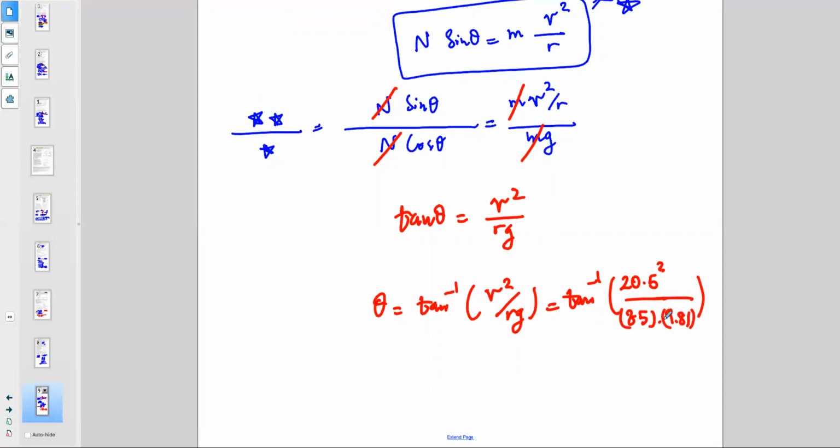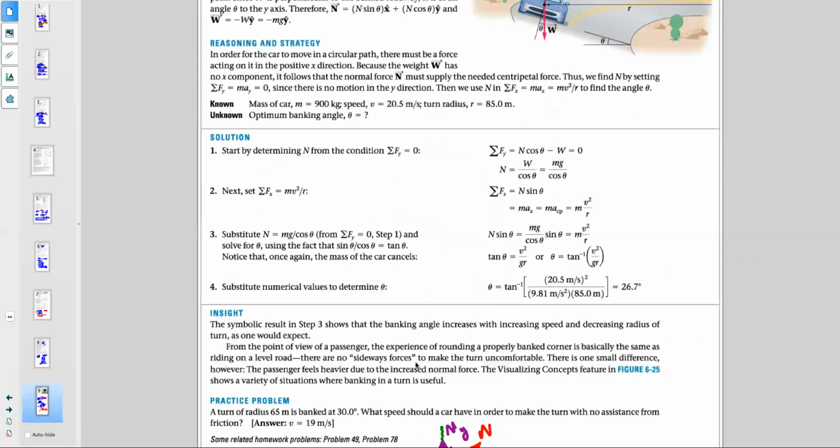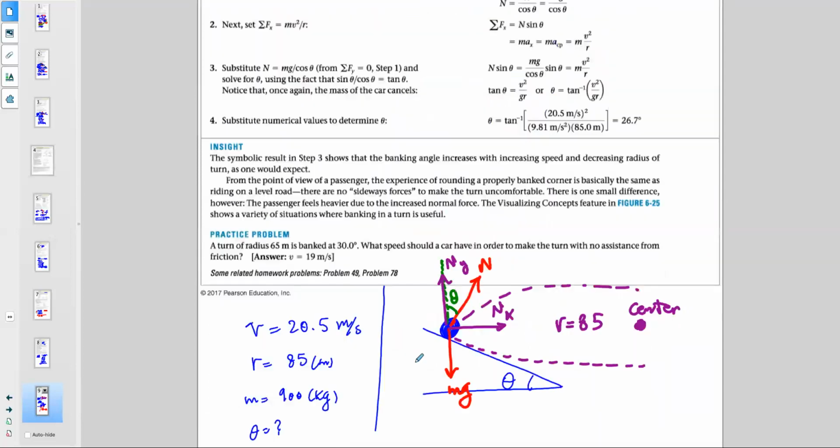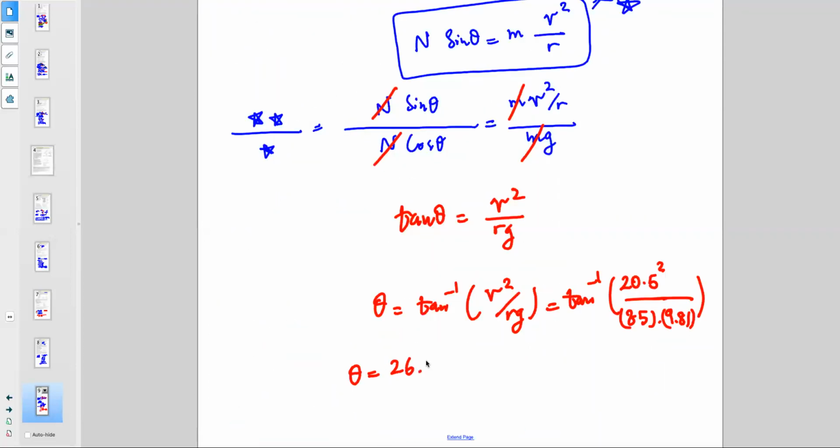Everything inside the parentheses. So then if you find theta, put this in your calculator, what you have is 26.7 degrees, right? So that's the end of the examples, or some examples from chapter 6. Stay tuned, okay?